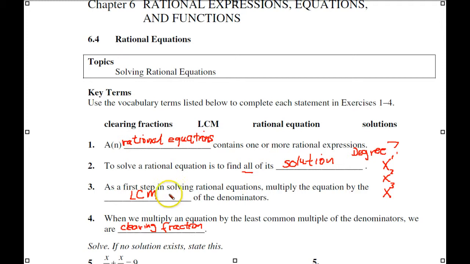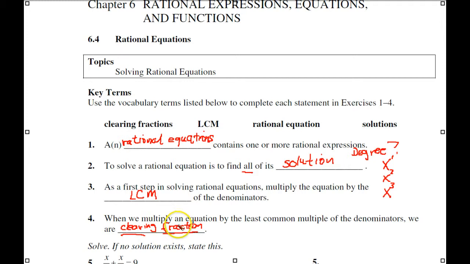And we solve rational equations by multiplying each term by the least common multiple of the denominators, which we worked on a little bit in section 1, or 2, I should say. When we multiply an equation by the least common multiple, we are clearing fractions.